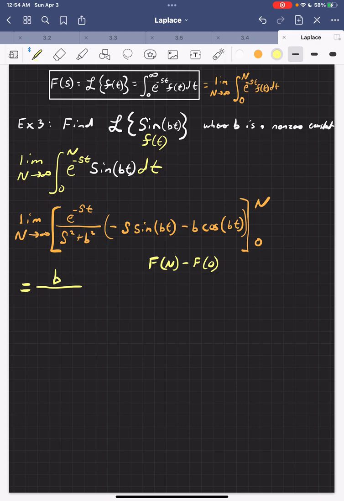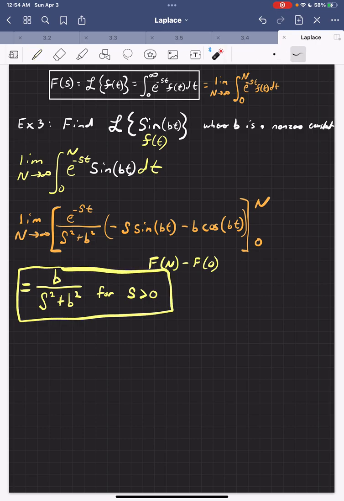At some point you should be able to take that limit as n goes to infinity. And when all is said and done, this is what you're left with: b over s squared plus b squared, and that's true for all s greater than 0.